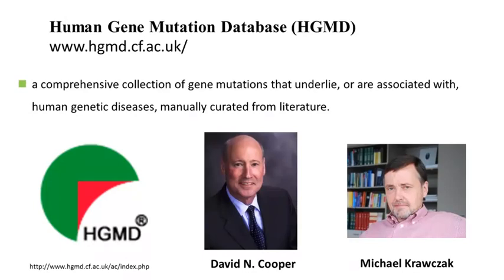Their study was based on extensive statistical and mathematical analysis of known mutations that they manually collected from scientific literature. In 1996, they decided to make the collection into a public online database, HGMD.